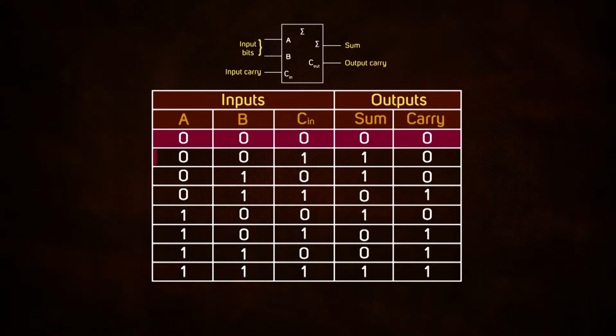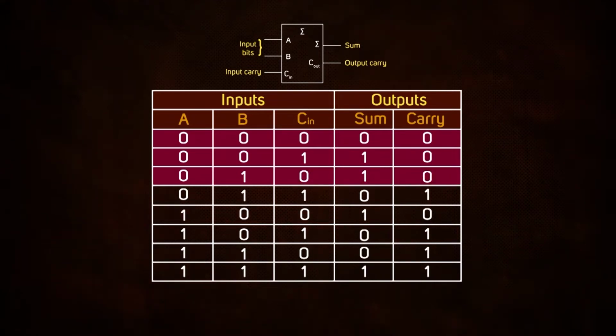If inputs A equal to 0, B equal to 0 and C in equal to 1, then output sum equal to 1 and carry equal to 0. It is obtained by binary addition 0 plus 1 that gives sum as 1 and carry as 0. Next, if inputs A equal to 0, B equal to 1 and C in equal to 0, output sum equal to 1 and carry equal to 0.